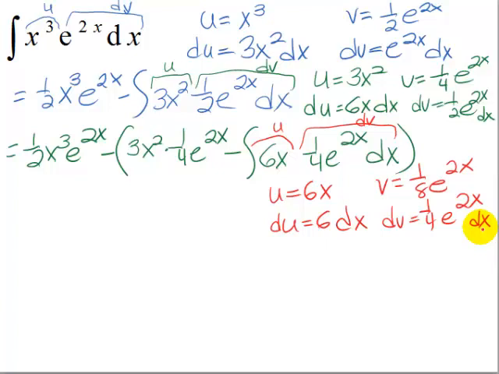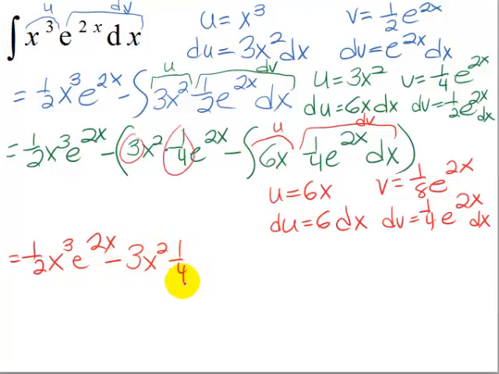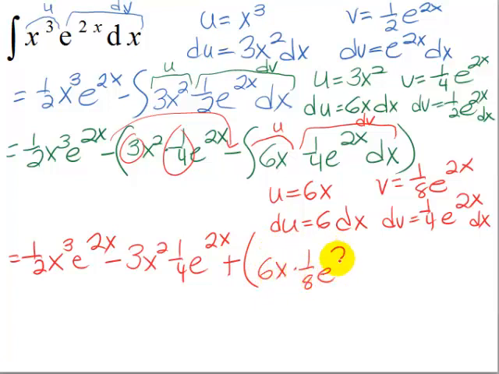Okay, applying that again, we are going to have 1/2 x cubed e to the 2x minus, and then times 1/4 e to the 2x, and then we have minus, but this minus and minus will make this a plus, and we've got uv, which would be 6x times 1/8 e to the 2x minus the integral of v, 1/8 e to the 2x, du, which is 6 dx.